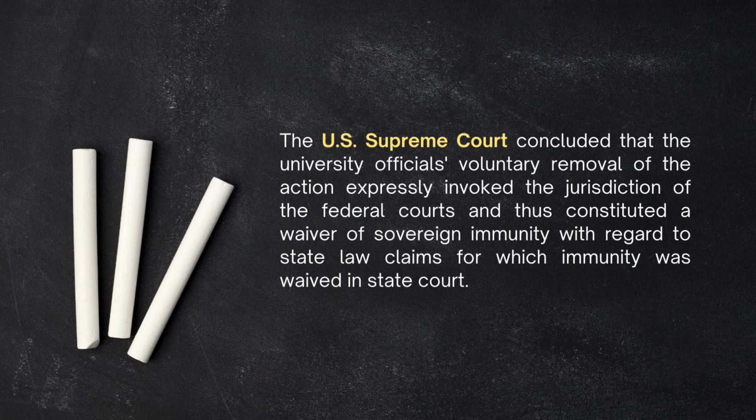So, by the Georgia attorneys voluntarily moving the case to federal court, the state consented to be sued in federal court and lost its immunity. It's pretty clear, right? Okay, let's go to the next one.